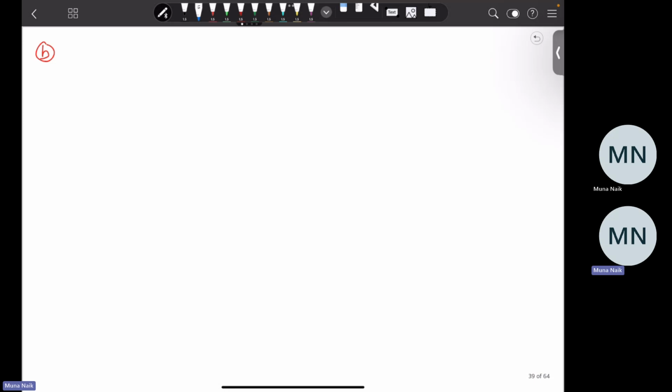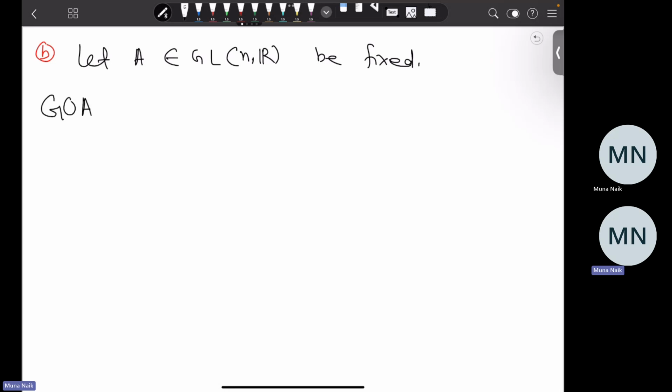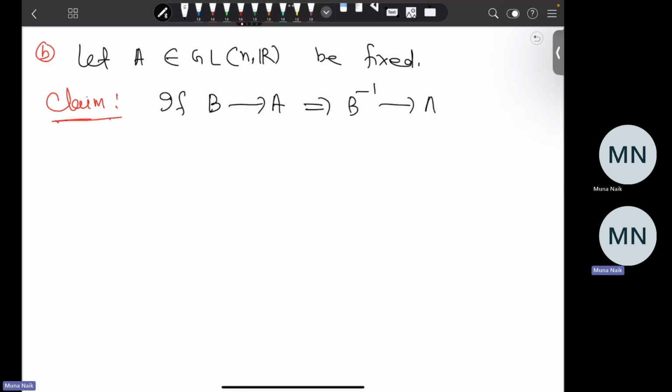We want to prove the continuity at A. So let A belonging to GL(n, R) be fixed. What is our goal? The goal is the following. Our claim is: if B converges to A, this will imply that B inverse will converge to A inverse.